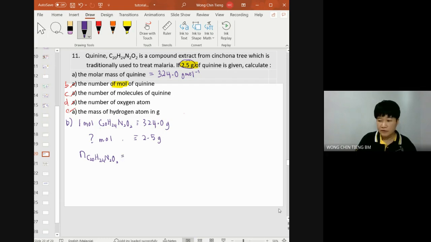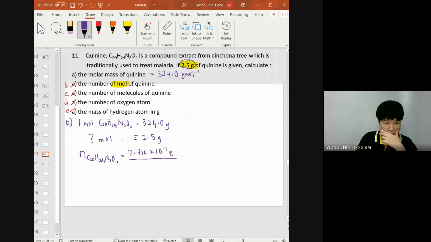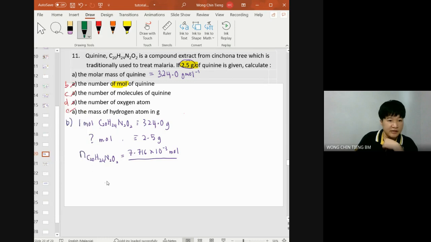No rush. Answer? 7.716 times 10 to the power of -3 mole. Okay, settle soalan B. Next, C. Question asking for the number of molecule. Obviously, look at quinine, C20H24N2O2.